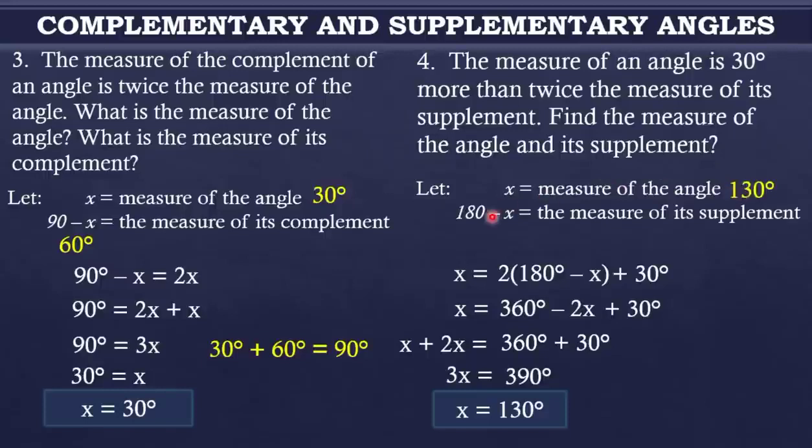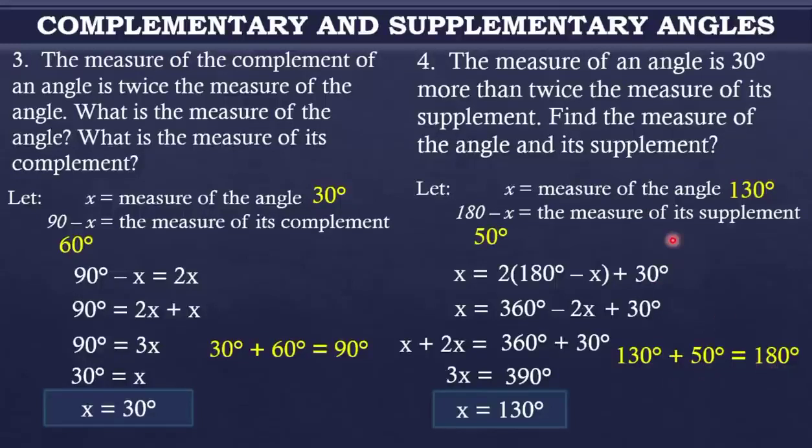Now, what is the measure of its supplement? 180 minus 130, the x we got. That is 50 degrees. When we add them, 130 plus 50 degrees, that is 180.